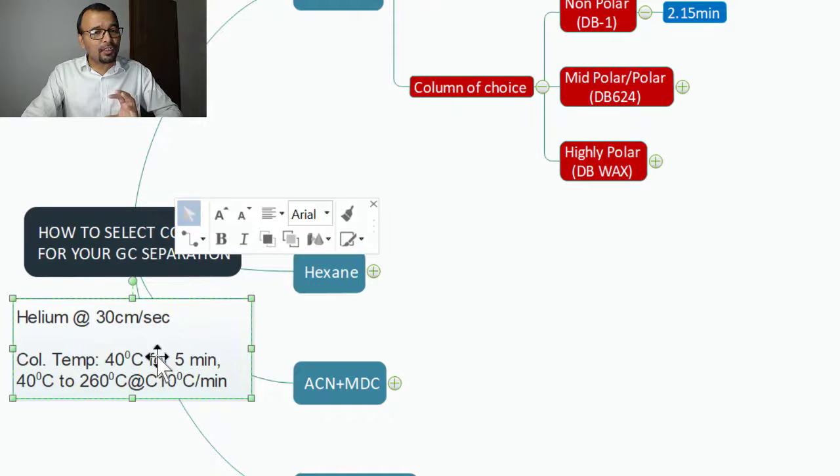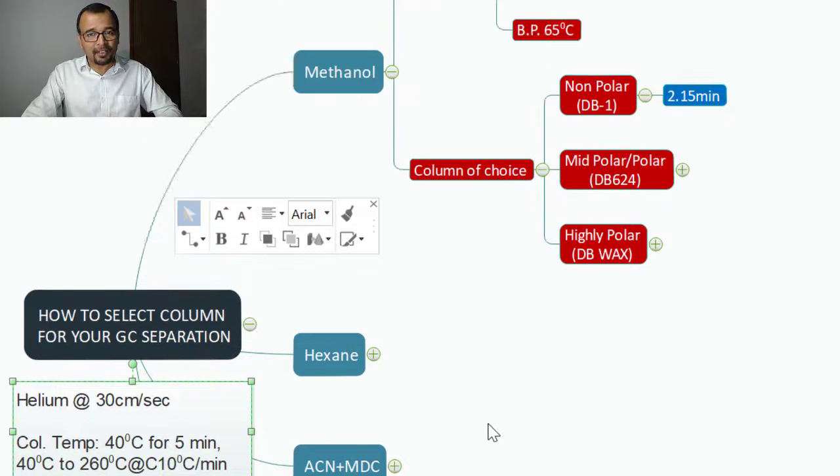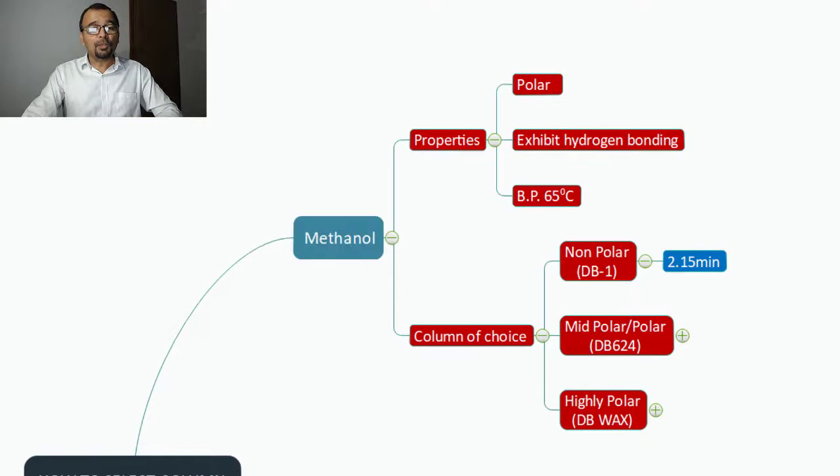These are the crucial pieces of information to understand the retention behavior. So on the non-polar stationary phase like DB1, which is 100% dimethyl polysiloxane, the retention time of methanol is only 2.15 minutes.